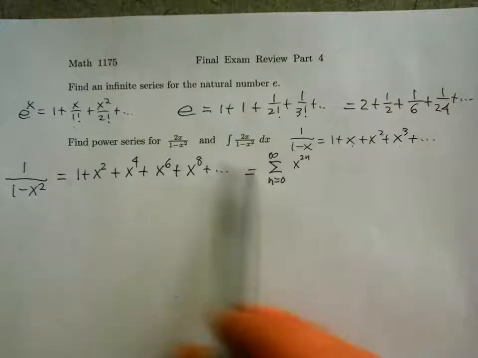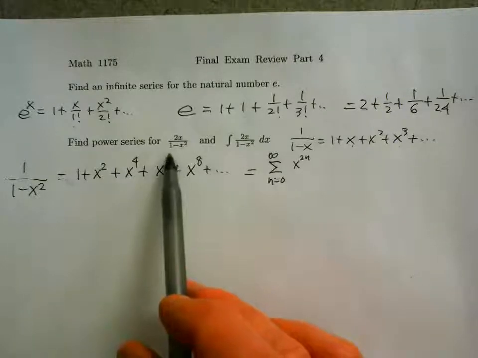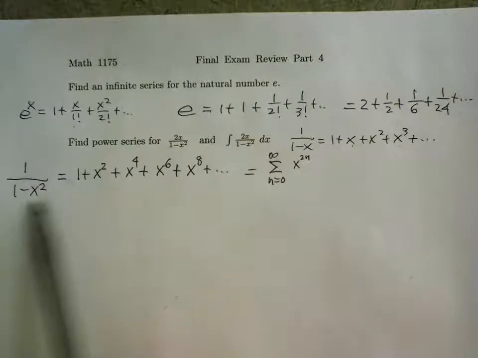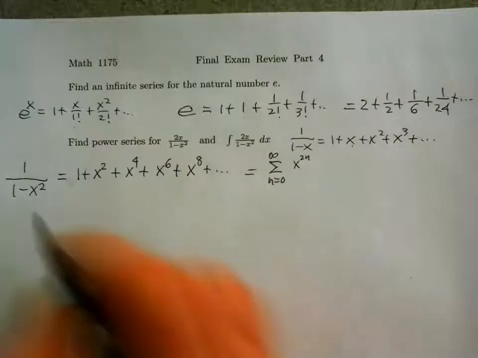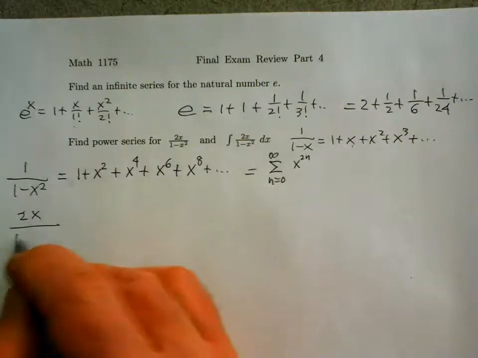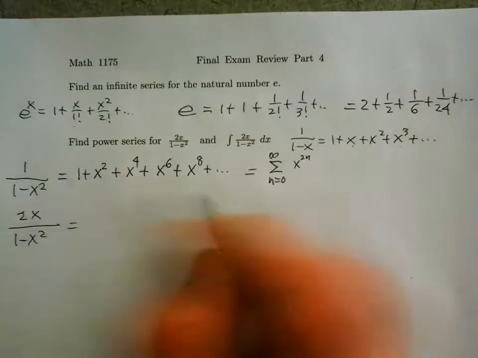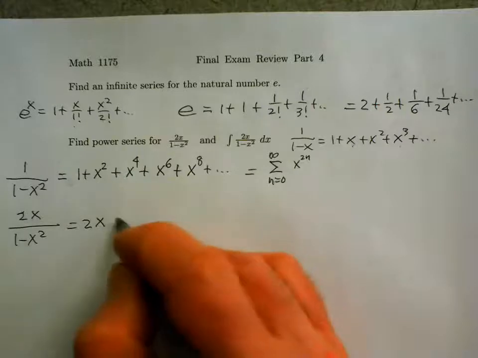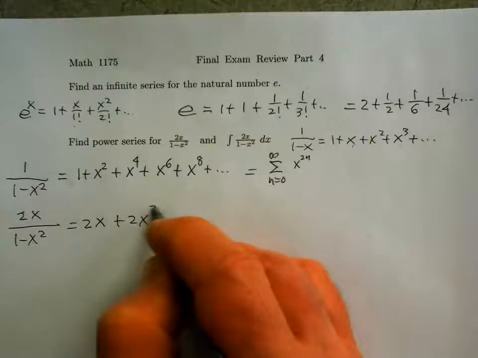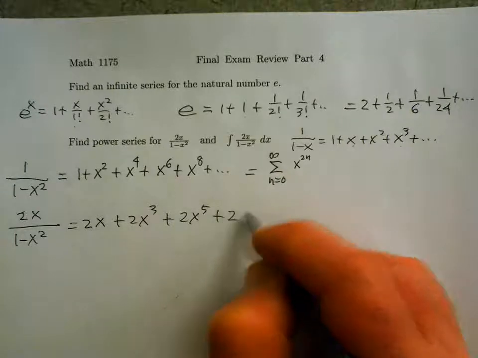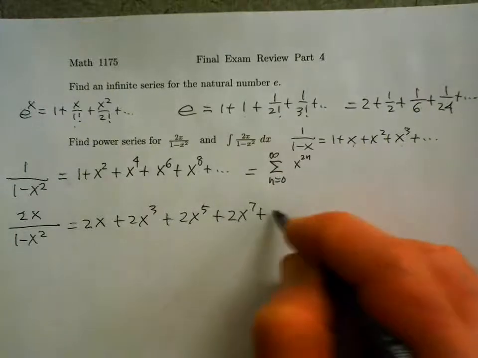Okay, then 2x over 1 minus x squared, if we just multiply the series for 1 over 1 minus x squared by 2x, we'll get that series. So term by term, we multiply by 2x, so we get 2x plus 2x to the third plus 2x to the fifth plus 2x to the seventh, and so on.